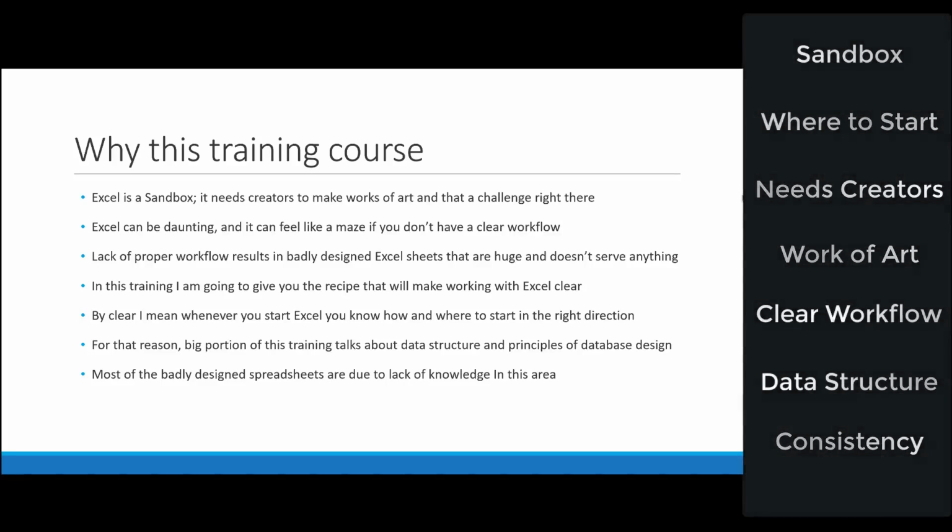All right, so because of all this, and this is what I would like you to take out of this training course, using Excel without a background of data structure and some principles of database design makes Excel really hard, and it makes you confused every time you start using Excel.